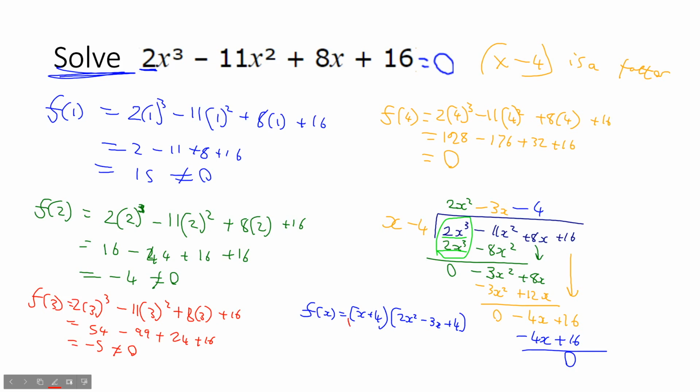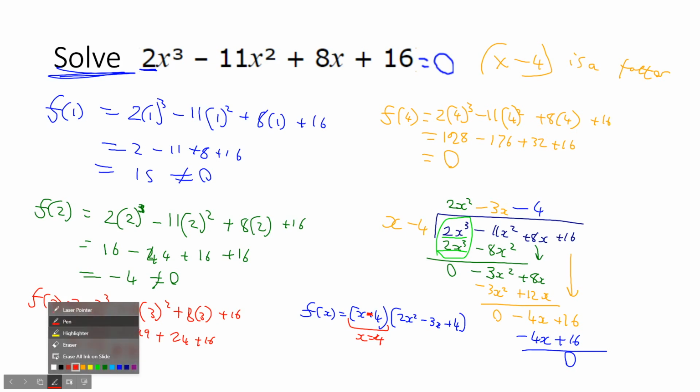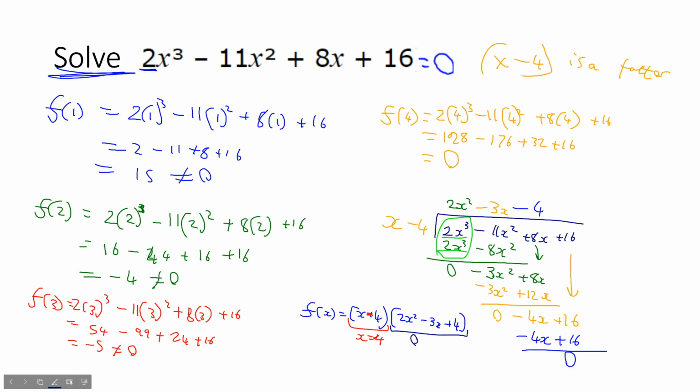We know from this bracket that x is equal to plus 4, because that's a minus. What about for this one? Well, for this one, we can either factorize it. So let's think of two numbers that add up to make minus 3 but multiply to make 8. I can't think of one. So what we need to do is we need to use the quadratic formula.